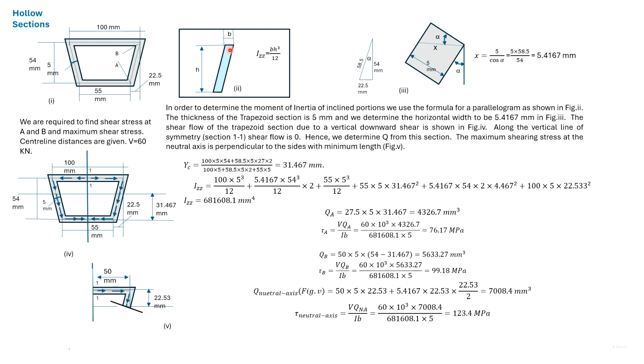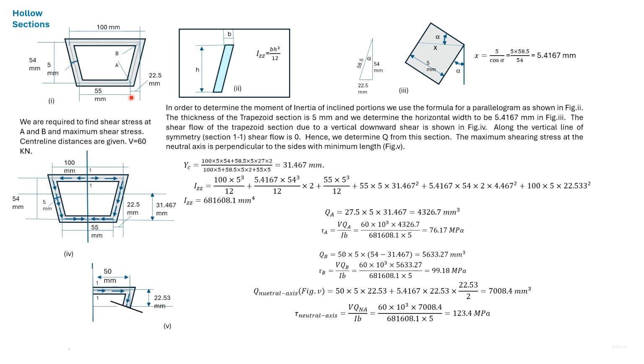If this width is b and the height is h, then the moment of inertia of this inclined portion is given as b h cubed by 12. Here h is given, but we are required to find b.